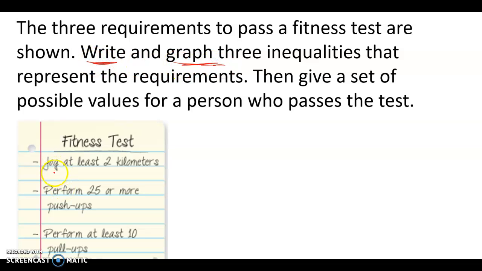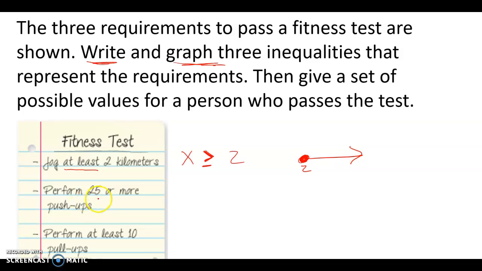So this one right here, jog at least 2 kilometers. So at least is greater than or equal to 2. So since it is equal to, the circle would be shaded at the 2, and the arrow would be going to the right.